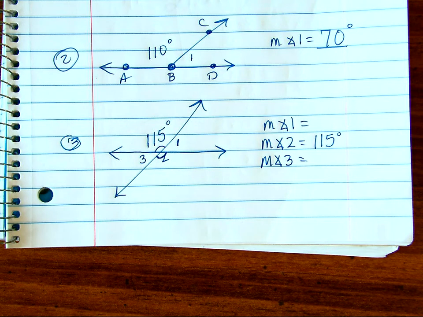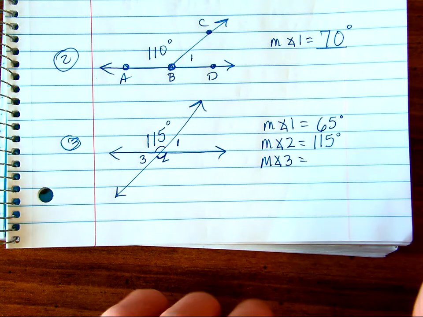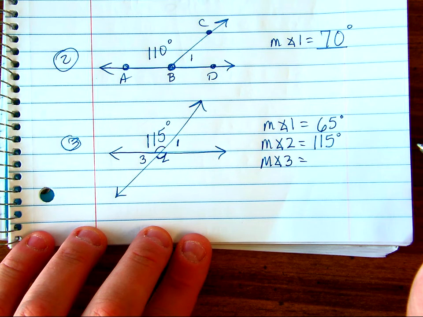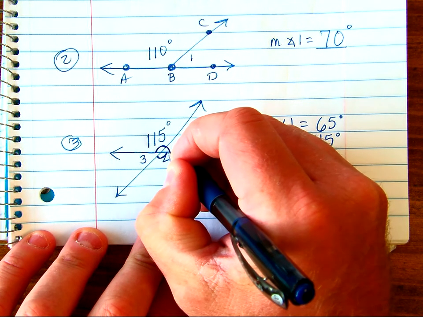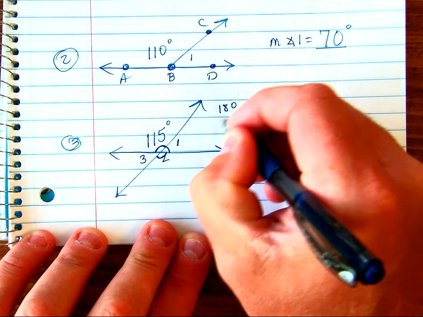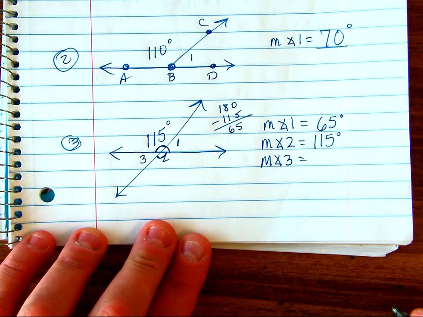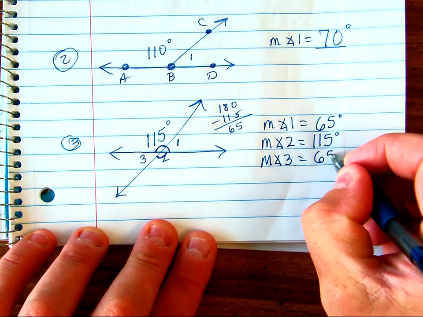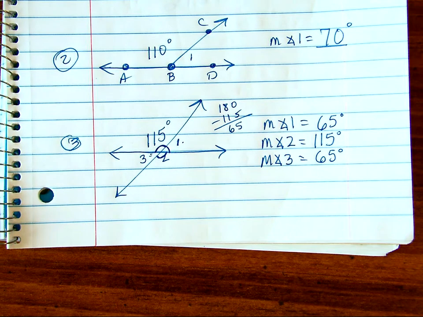How did you get that? 180 minus 115 is 65. These two angles are supplementary. And angle 3 has to be 65 because opposite angles are equal. Very good job.